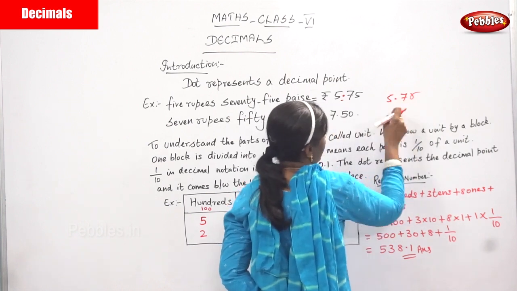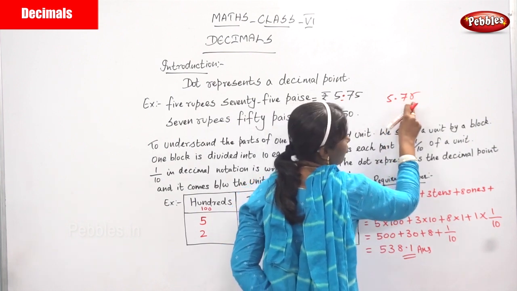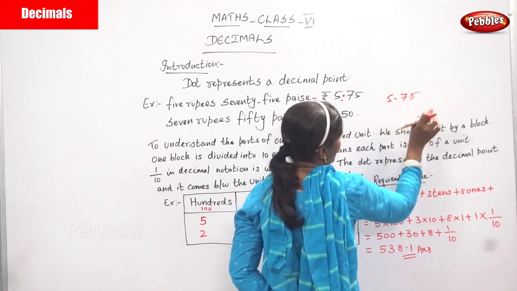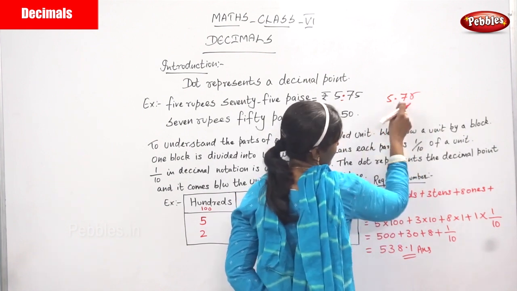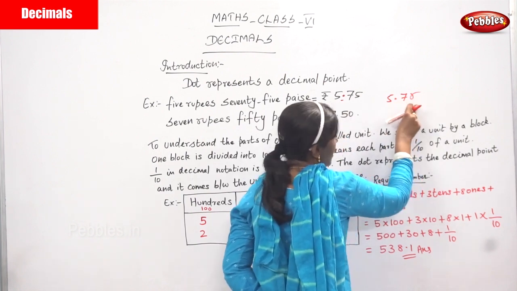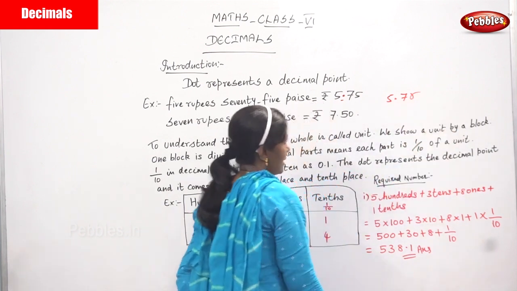You should not say 7 tens and 5 hundreds. You must understand that the first digit after the point is tenths and the next digit is hundredths, but while reading the decimal 5.75, you read the digits one by one.